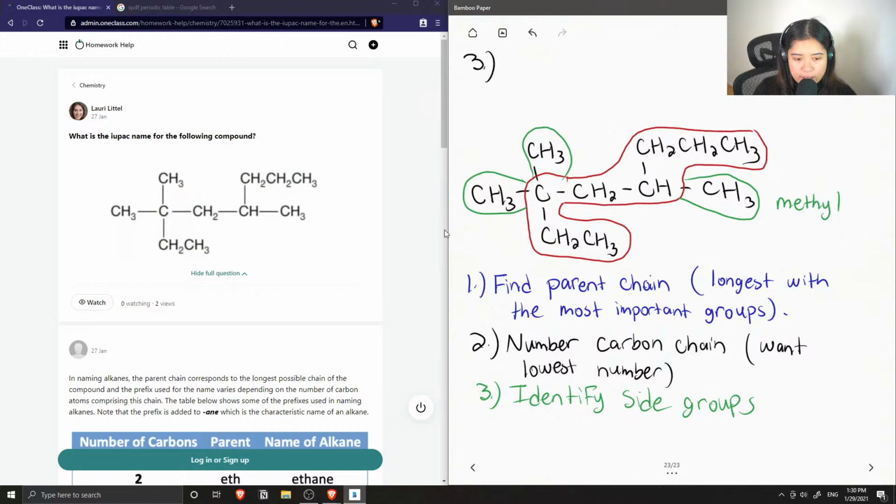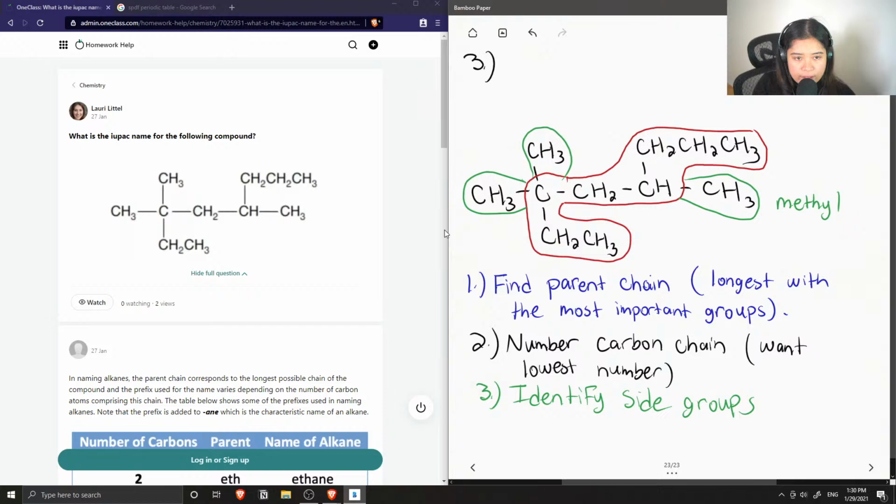When I want to number the carbon chain, I mentioned earlier I want the lowest number in my final answer. So notice that I can either start numbering from here and make this 1, 2, 3, 4, 5, 6, 7, 8, or I can start numbering from the bottom and number this as carbon 1, 2, and then 3.